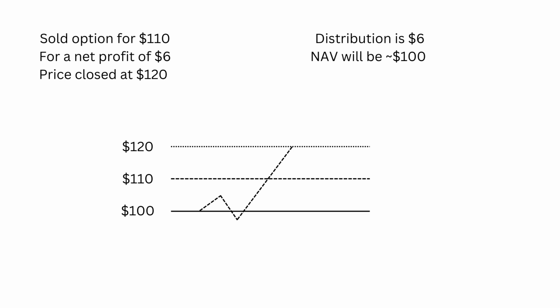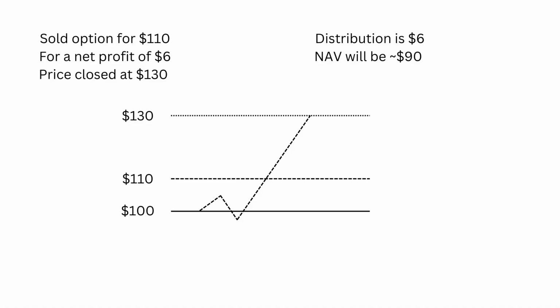But the options went through my strike. My NAV still becomes $100 because you gained 10, it went to 20, they have to settle the difference. And when they settle the difference is where this comes into play.